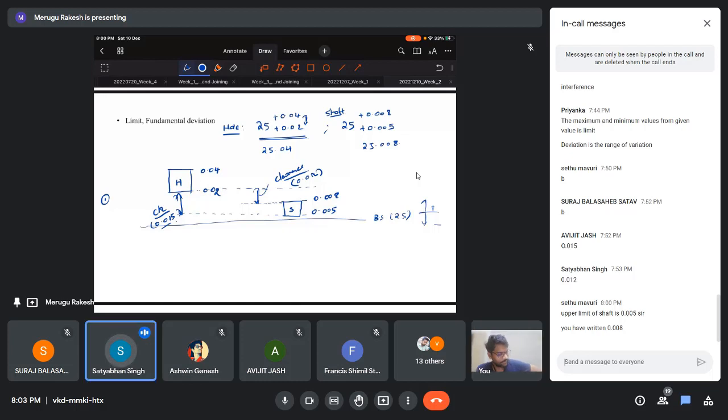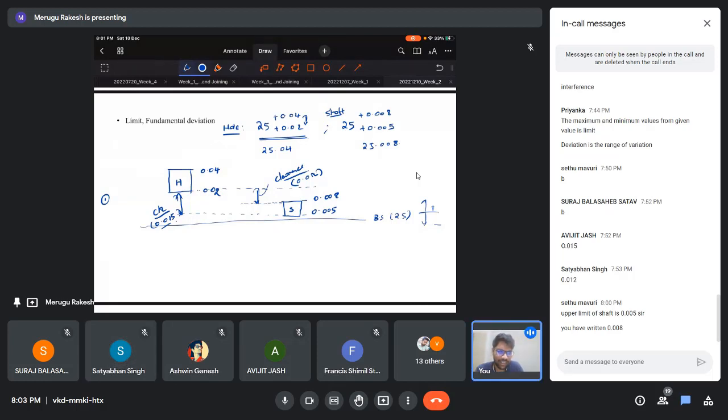Sir, will it make any difference if we interchange the shaft's maximum and minimum, 0.005 and 0.008?